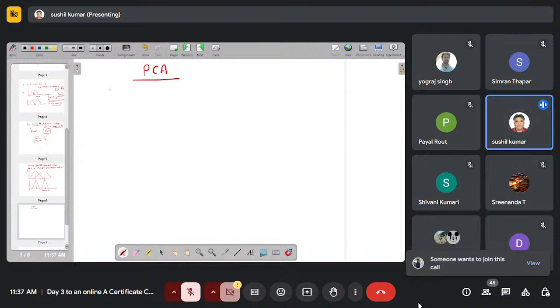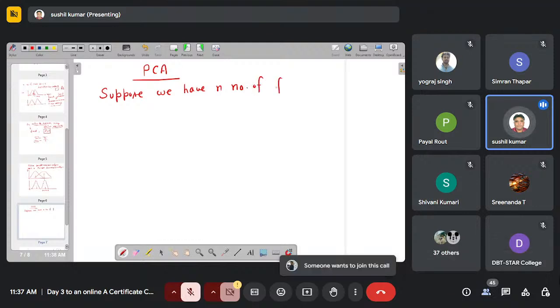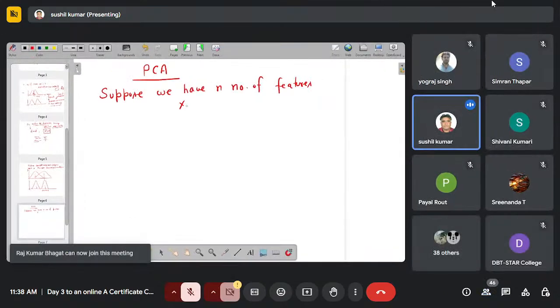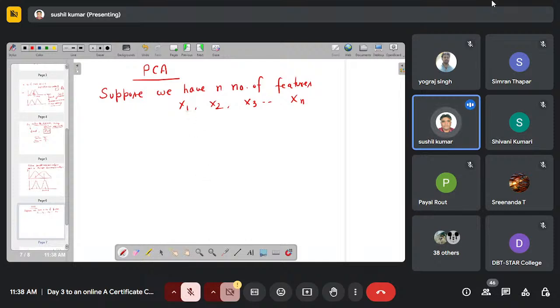Suppose we have n feature vectors, x1, x2, x3 up to xn. Each of these can have, for example, 100 images or features, and each having dimension d.